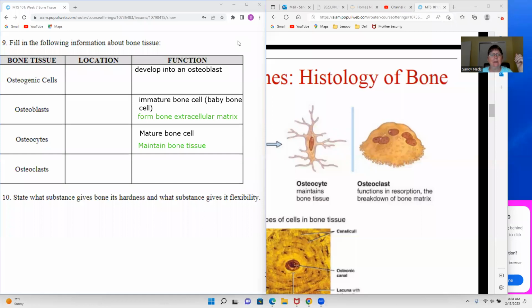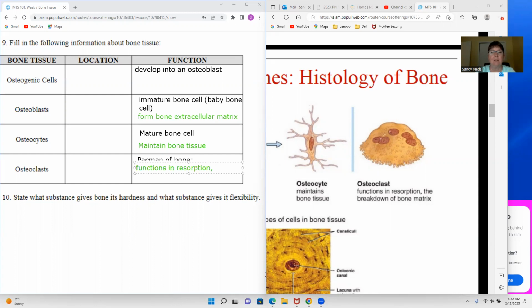And I call that the Pac-Man of bone. So it's the Pac-Man of bone because its function is resorption. It sounds like reabsorption, but since it wasn't already in the bloodstream, it's called resorption, meaning it breaks down bone and we put the calcium and the phosphorus back into the bloodstream.